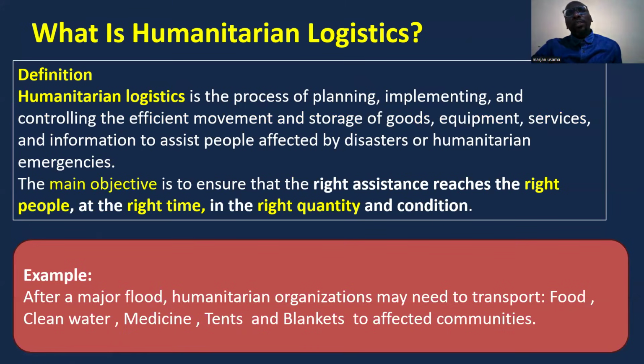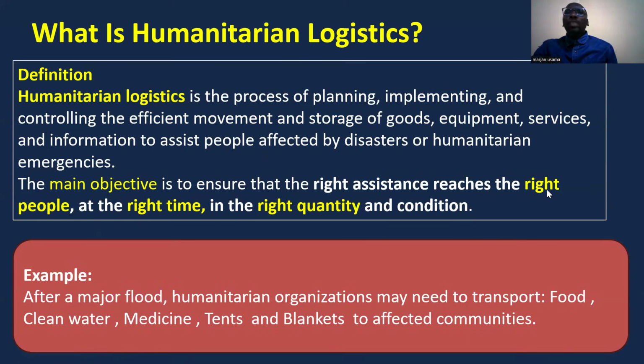Now, what is humanitarian logistics? So humanitarian logistics is the process of planning, implementing, and controlling. What are we controlling and what are we planning and implementing? The efficient movement and storage of goods, equipment, services, and information to assist people affected by disaster or humanitarian emergencies.